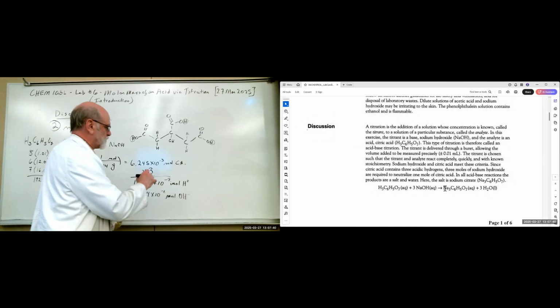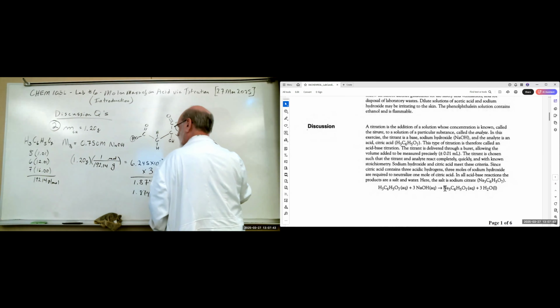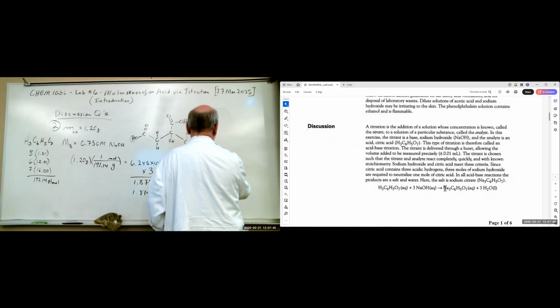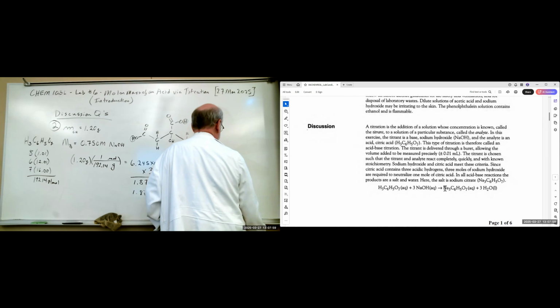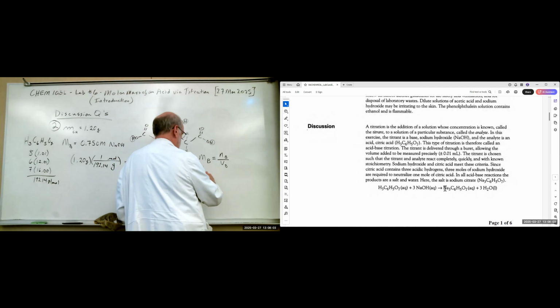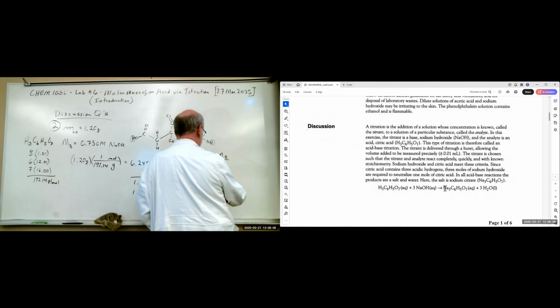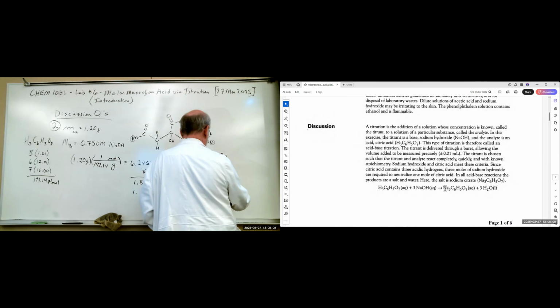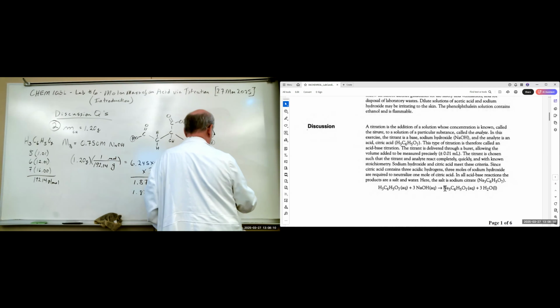With this relationship, the molarity of the base equals the number of moles of the base divided by the volume of the base. So if we're solving for the volume, we put the moles over here and the molarity there.